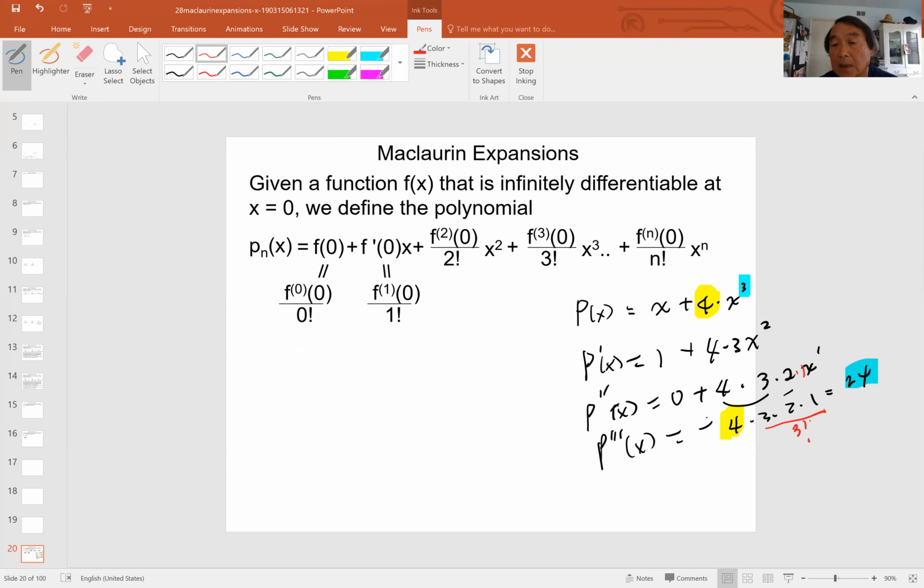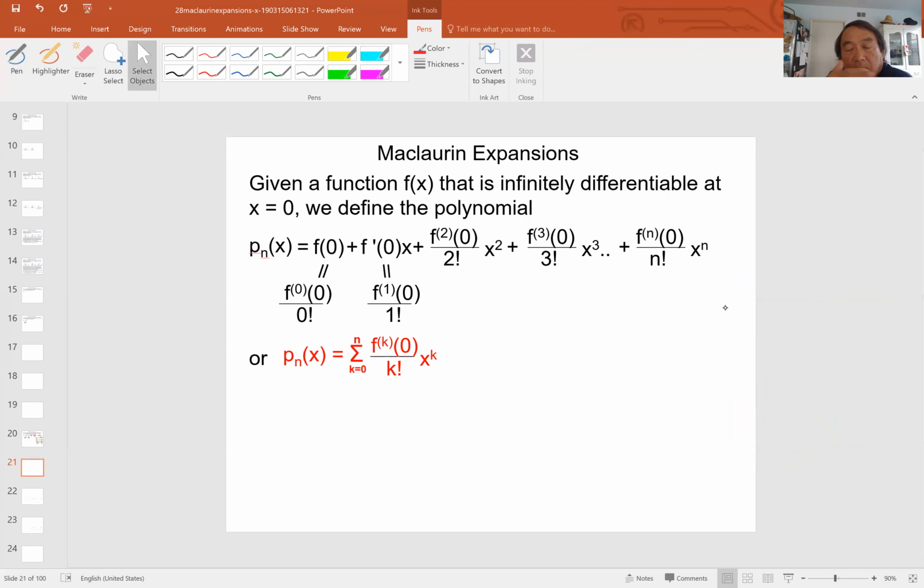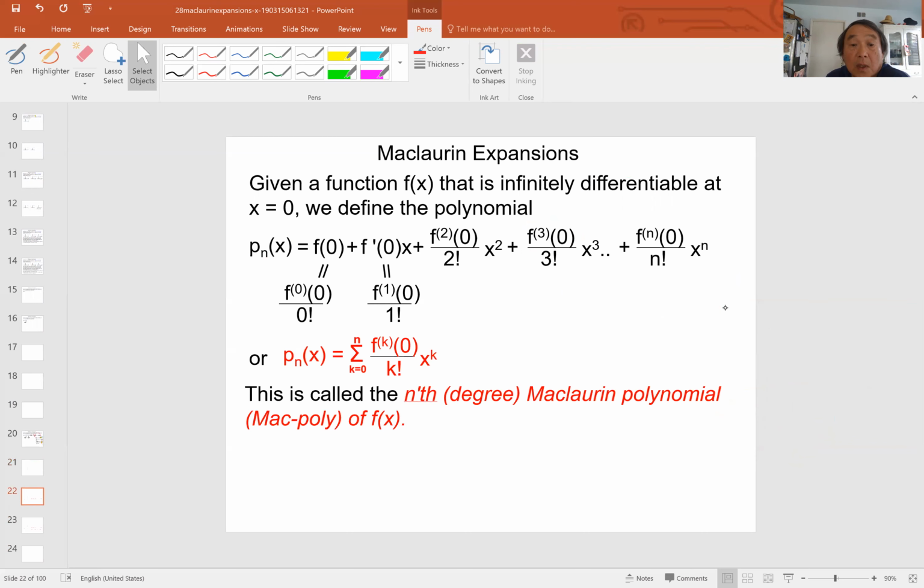So I take this number, take the derivative 3 times, divide by 3 factorial, and this will give me the number 4 back. That's basically what this formula says. How do you recover the number in front of the degree? You just take the derivative, plug in the numbers, and divide by the power multiplied downwards. And this is the general form of the Maclaurin polynomial, degree n.